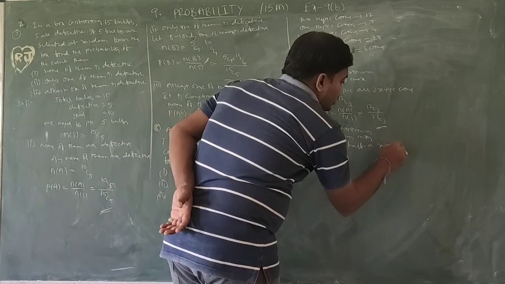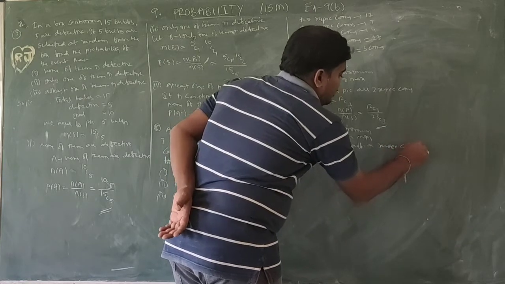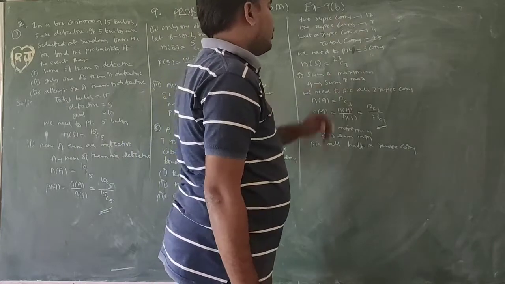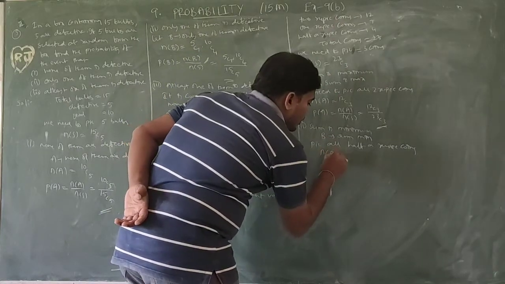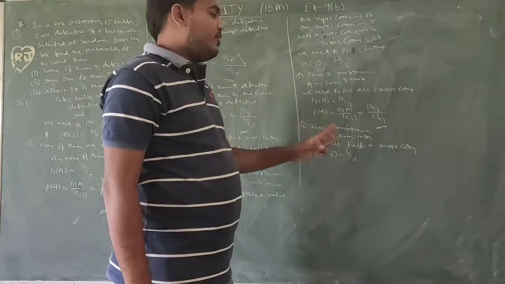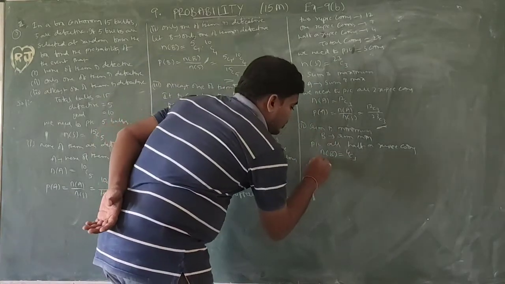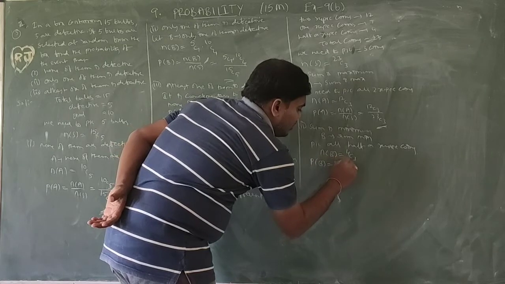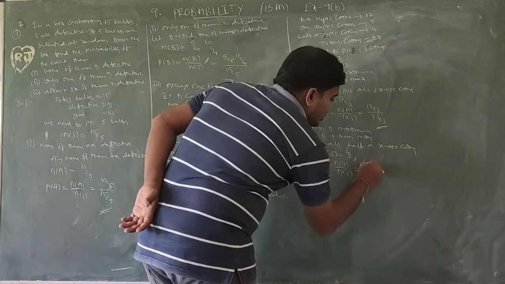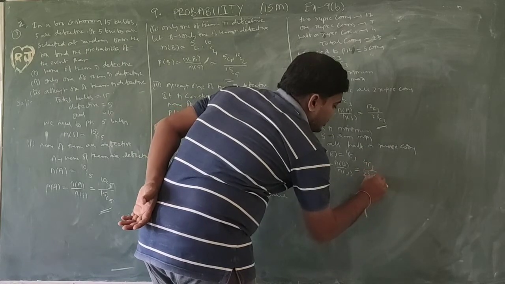How many we need to pick? 3. How many half a rupee coins? 4. So n(B) equal to 4C3. We need to pick 3 from 4. So P(B) equal to n(B) by n(S) equal to 4C3 by 23C3.